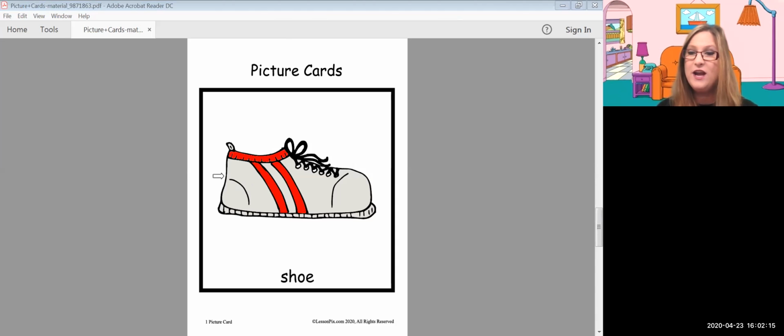So we're going to take our hands and click them together. Shoe or shoes. Just click your hands together, put them together like this. Kids are going to love that one whenever it's time to go somewhere or go outside and play. Let's look at our next word.